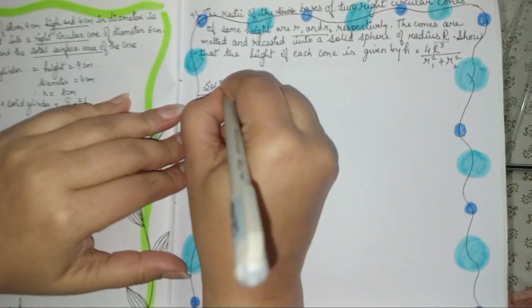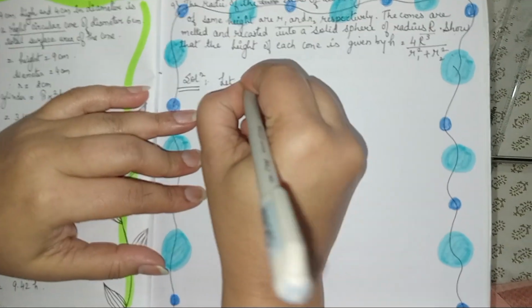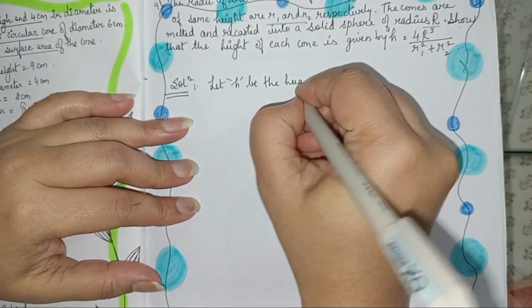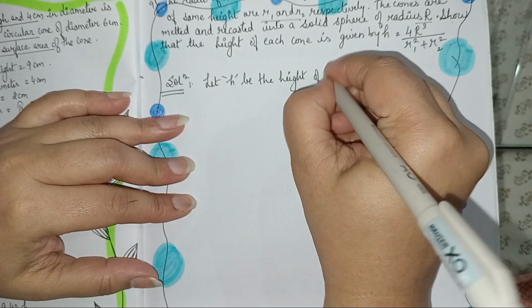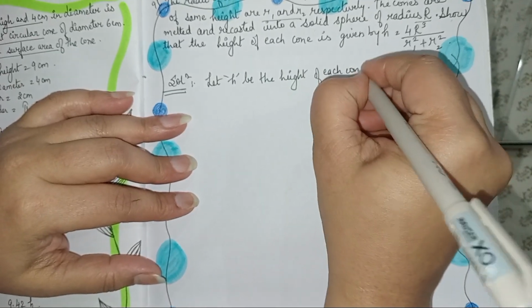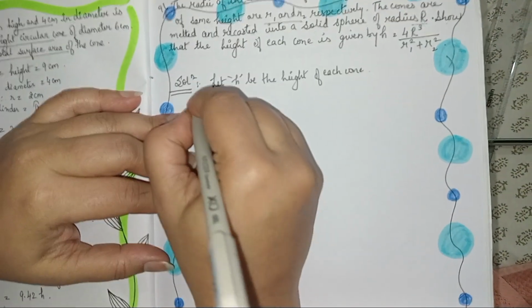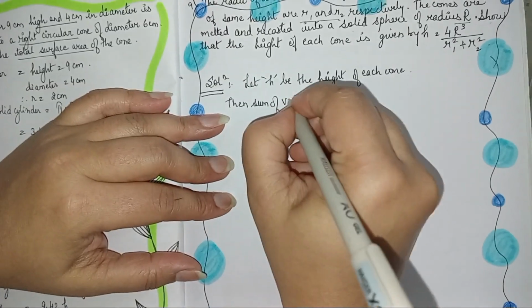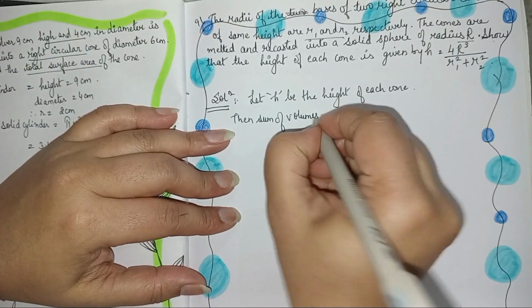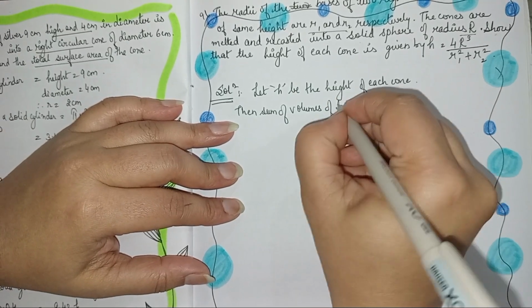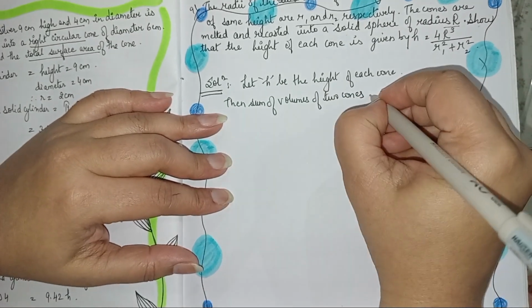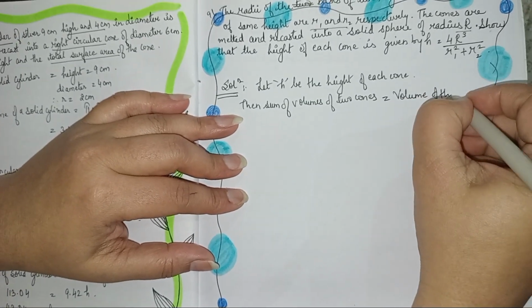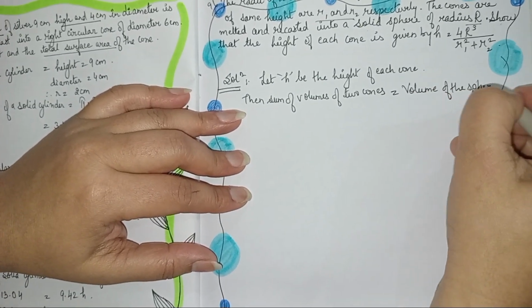Solution. Let h be the height of each cone. Then the sum of volumes of the two cones is equal to the volume of the sphere.